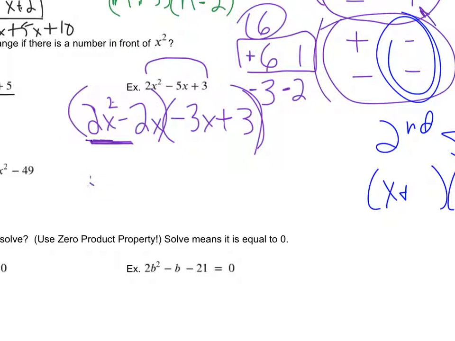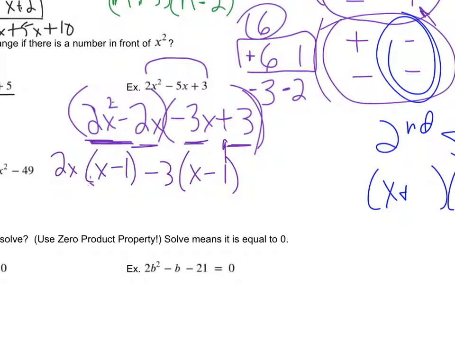So now, back to where we were, pull out what's in common. If I pull out 2x, I'm left with x minus 1. Over here, I've got 3x and 3. I'm actually going to pull out a negative 3, and look what this does. I'm left with x, then I need to change this sign to x minus 1. I did that because pulling out a negative makes it so that these two are exactly the same, which is what I want.